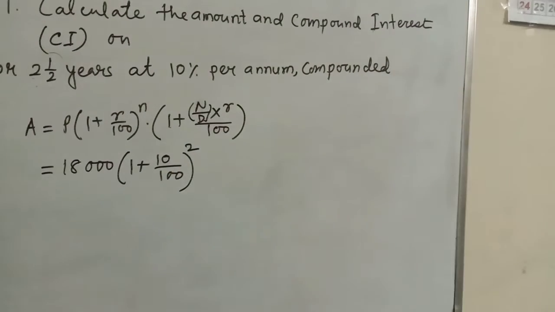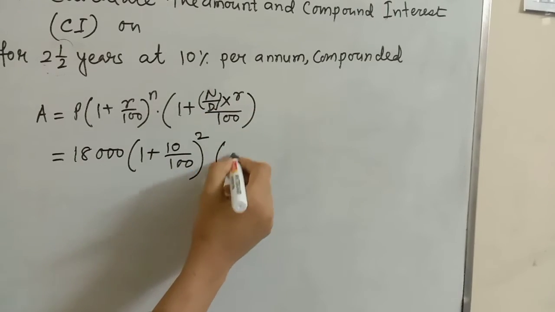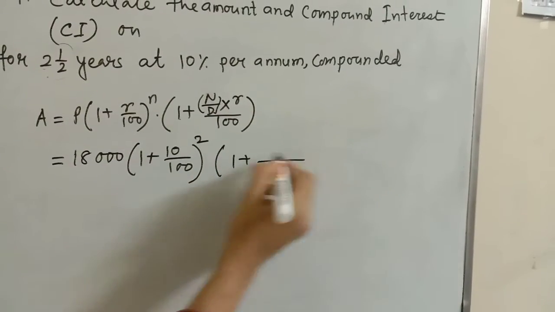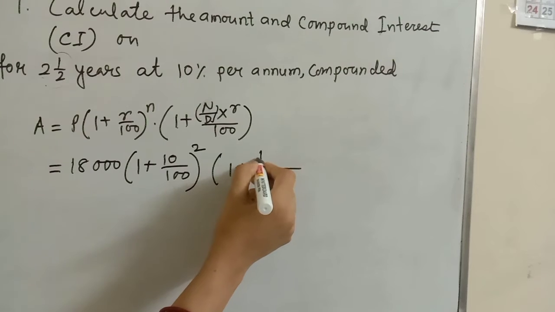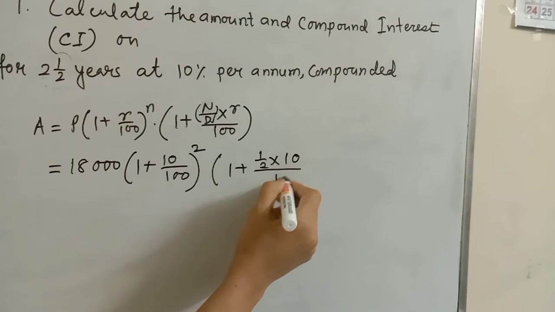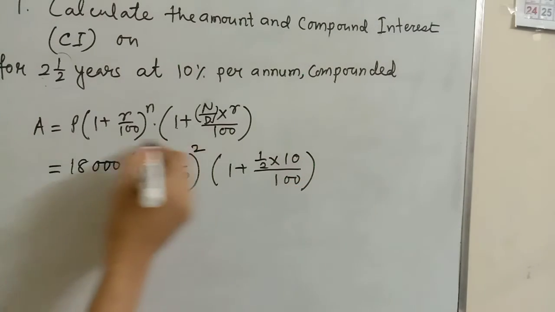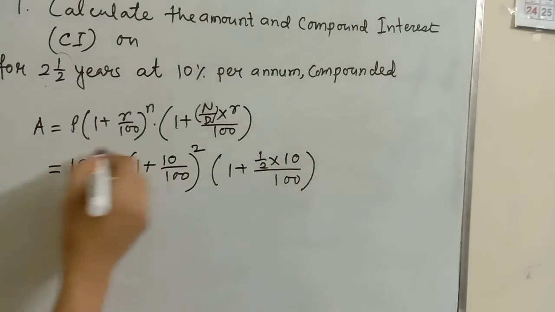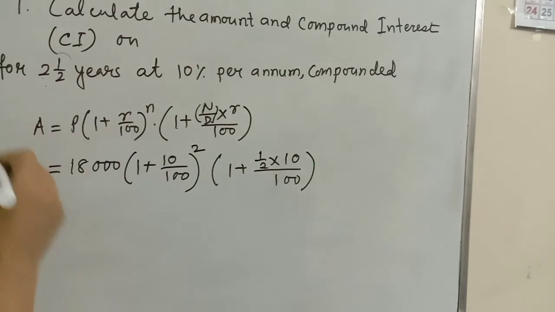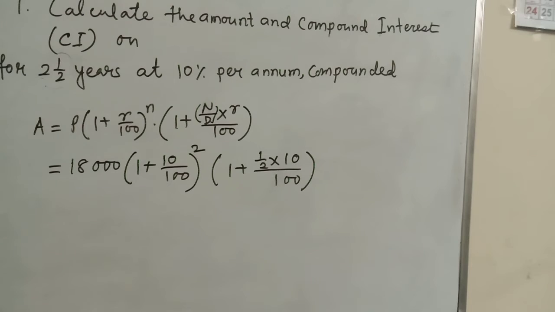Time is 2.5 years, so here I will write 2 and the fractional part I will write here: 1 plus half into rate percent 10 by 100. Okay, now this is the amount we will get when it is compounded annually for the time 2.5 years. Now how to find this amount?